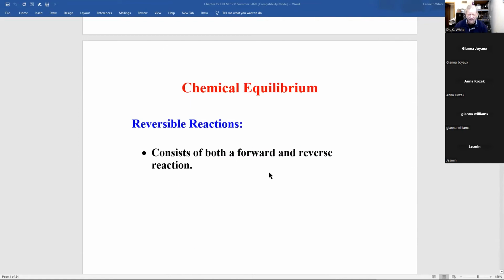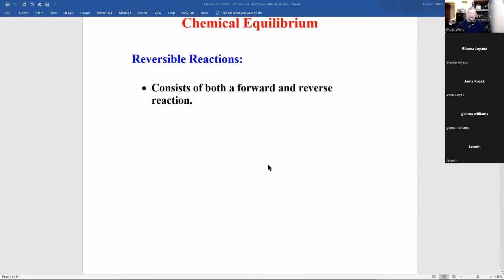Now, there's a very important concept in chemistry called chemical equilibrium. And what chemical equilibrium involves are reversible reactions. That consists of a reaction that can have both a forward and reverse reaction happening at the same time.